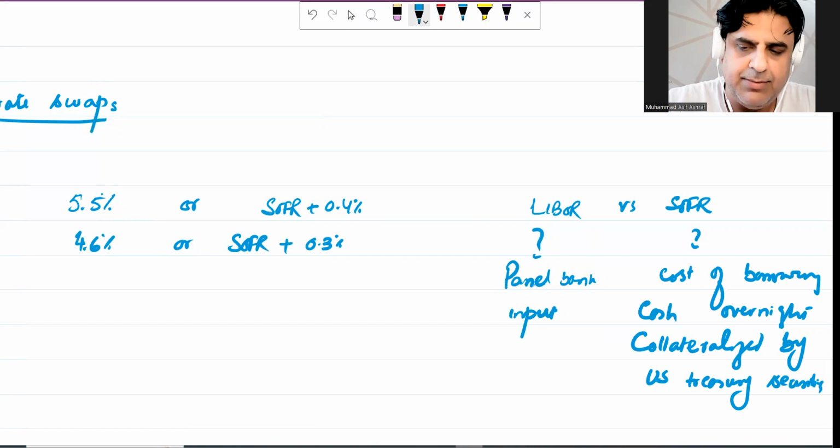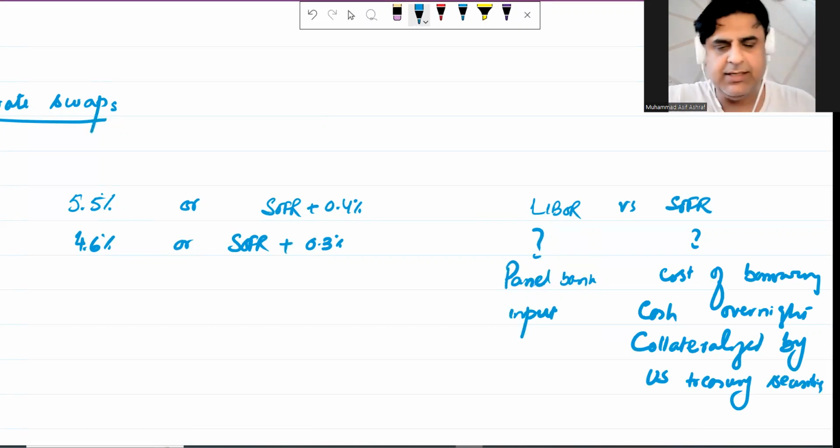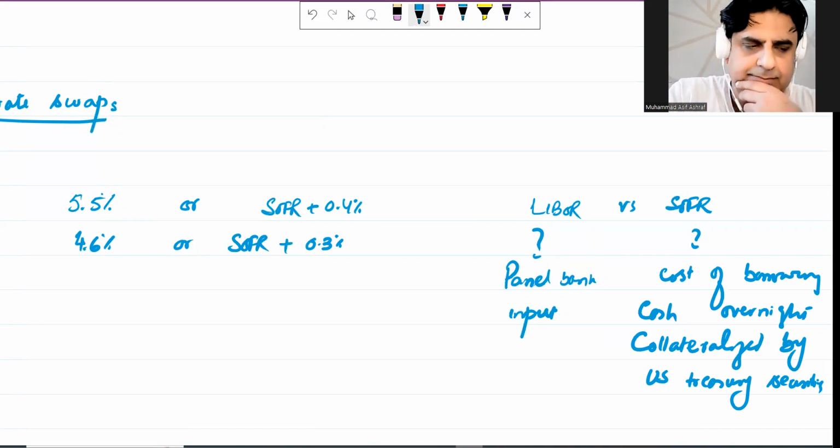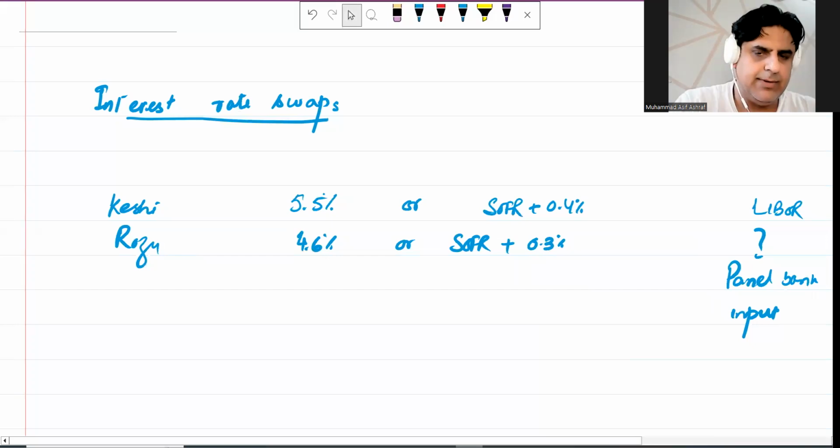Repo market means repurchase market. So basically SOFR stands for secured overnight financing rate, on US Treasury securities in a repo market.